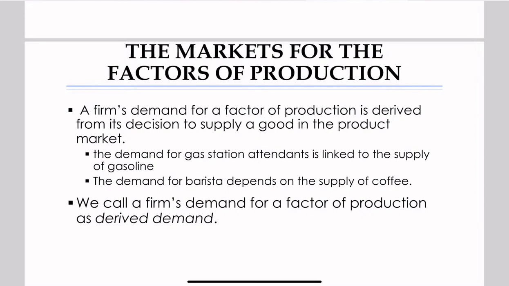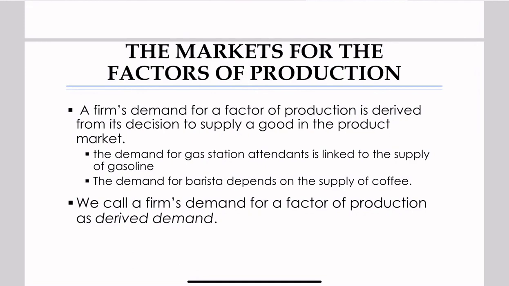Now, how can we understand firms' demand for factors? Firms' demand for factors is based on its decision to supply a product in the product market. So basically this means the product market will affect firms' demand for factors.